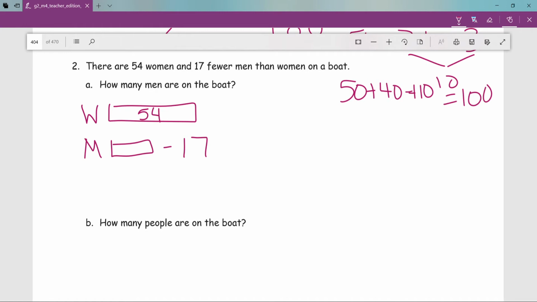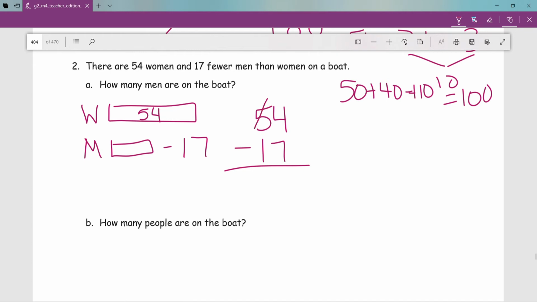Then I could go and write it out in the vertical way, and then solve. I think most of us are able to now, at this point, not draw it out in the hundreds, tens, and ones and just actually look at it and see that 4 minus 7 cannot be done, and that I'm going to have to unbundle one of my 10s.